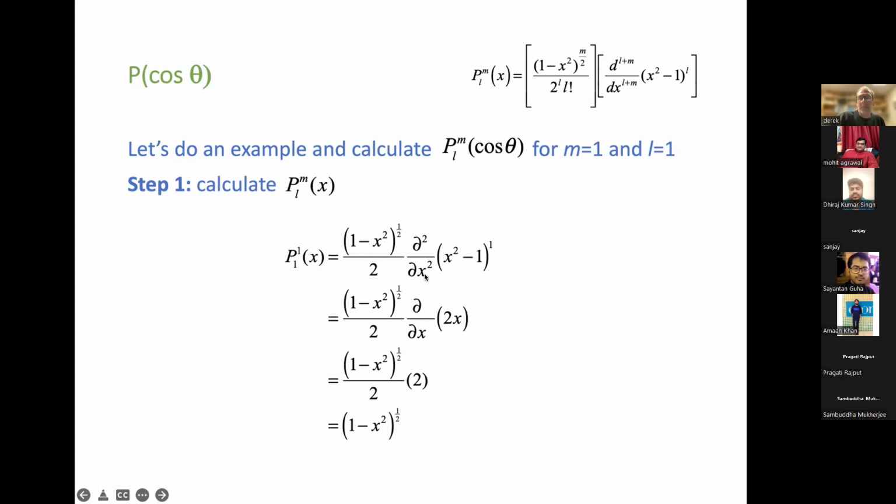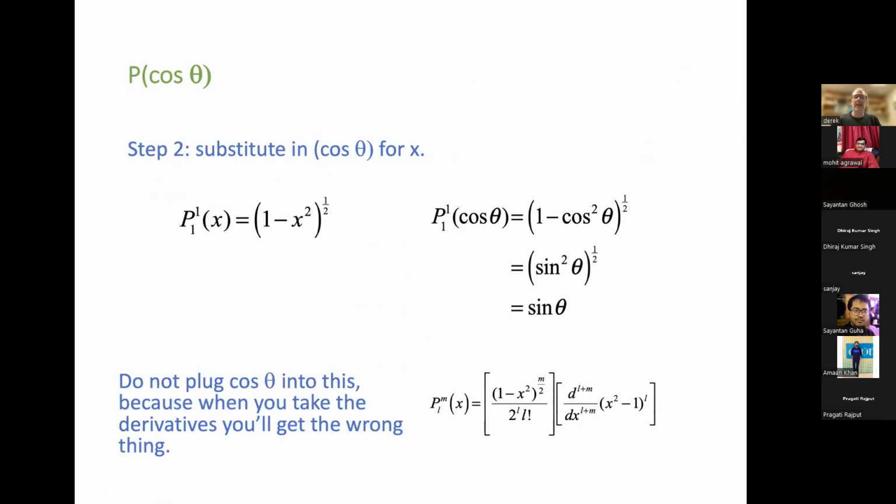I take one derivative of this, that gives me 2x. I take another derivative, that gives me 2. And therefore, P sub 1 sup 1 of x is going to be 1 minus x squared to the 1/2 power. The next thing I will do is substitute in cosine theta for x.